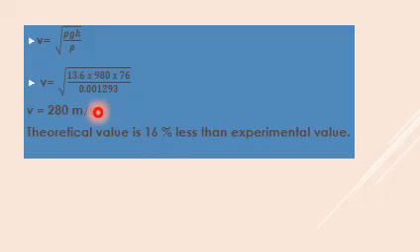By putting in all these constants, the value becomes 280 meter per second. But this is the theoretical value and it is 16% less than the experimental value, so there is some flaw in Newton's formula, which is corrected by Laplace, and we will see it in the next slide.